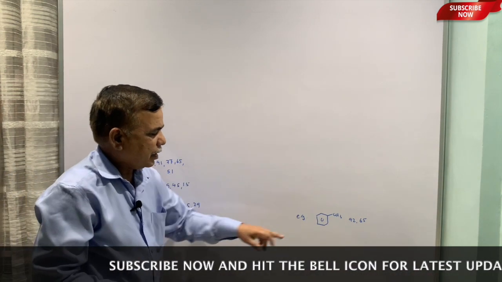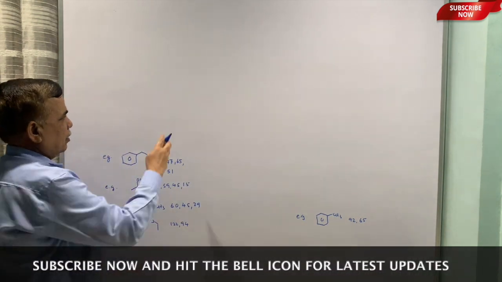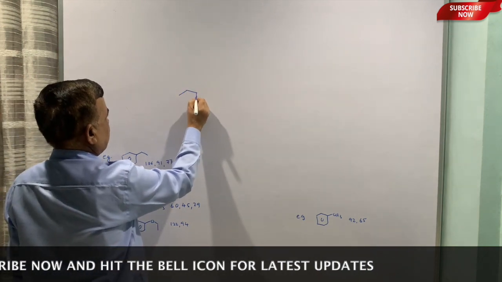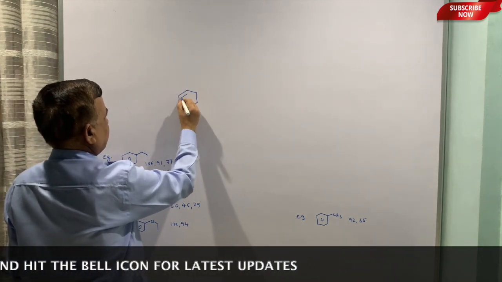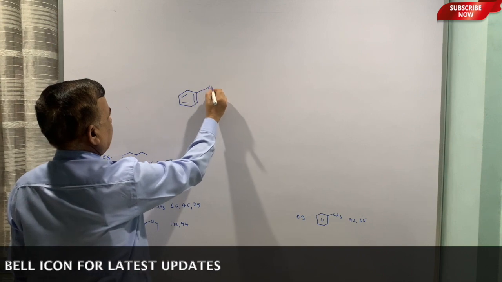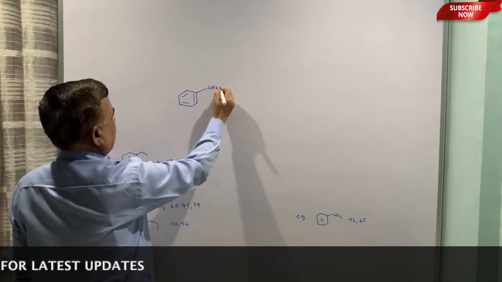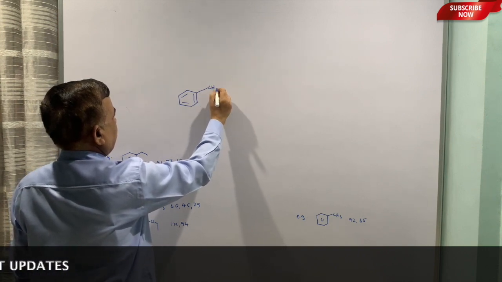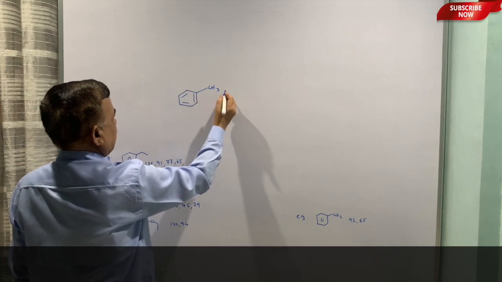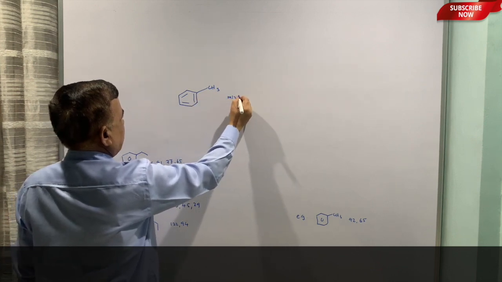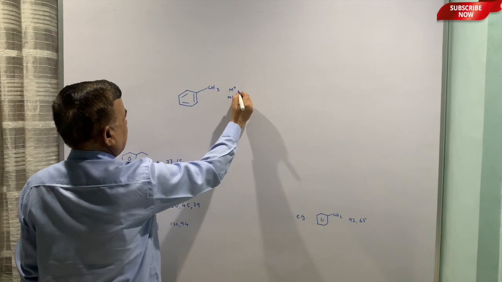The next one is toluene. The 92 is M plus, CH3 I will put straight away. So, 77 plus 15, m by z of M plus is 92.